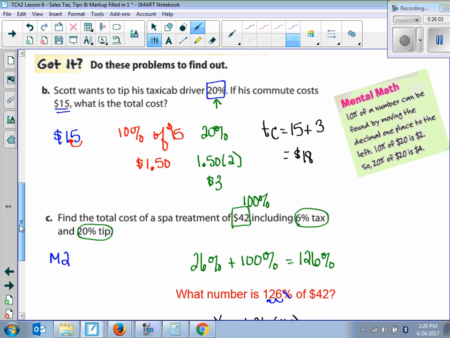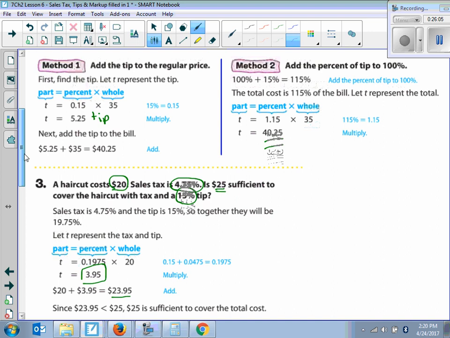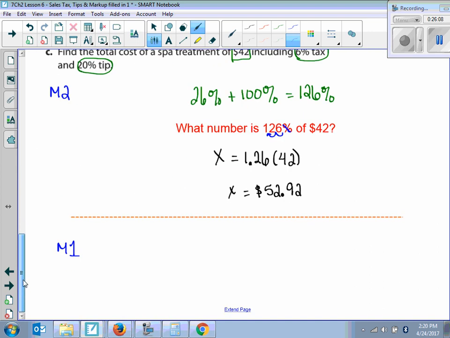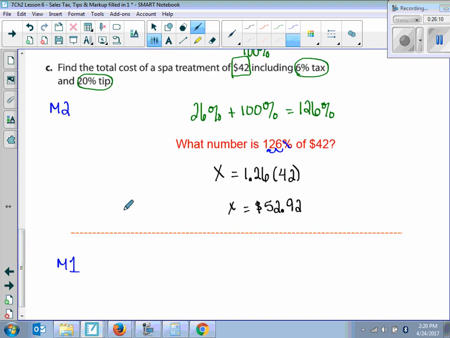Coming back to example 3, problem C. Now I'm going to do this one using method 1. The first thing we want to do is write our what number is question. It says find the total cost of a spa treatment of $42, including the 6% tax and a 20% tip.